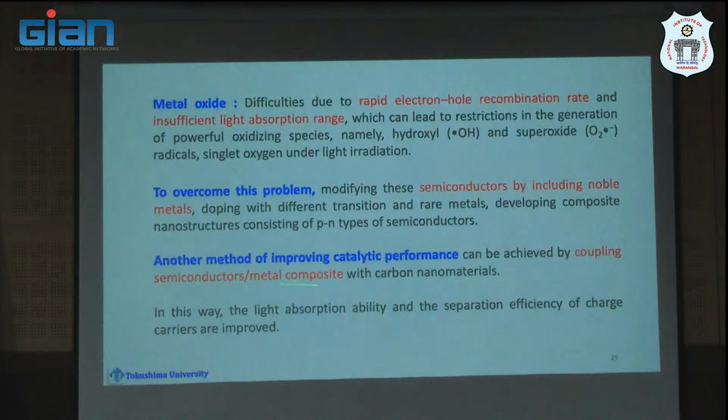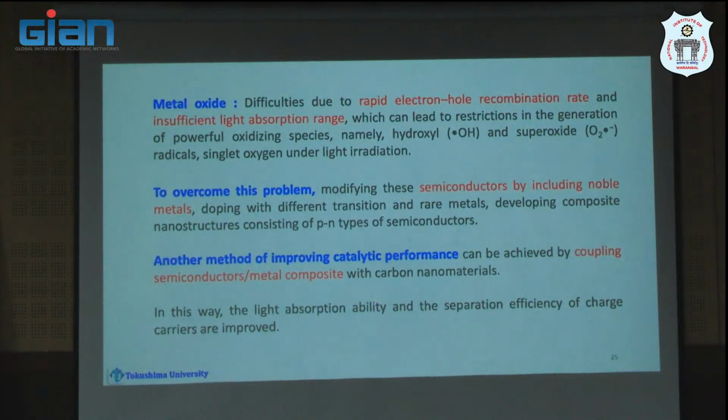So another thought came, we can couple this semiconductor metal composite with carbon nanomaterial. Earlier, there was metal oxide and metal, or metal oxide and carbon, and now it's metal, semiconductor, and third is carbon nanomaterial.